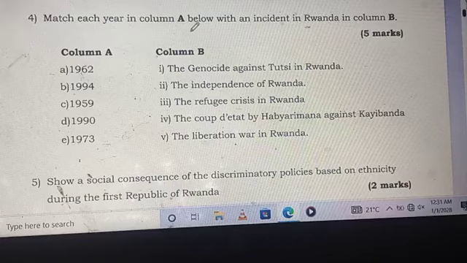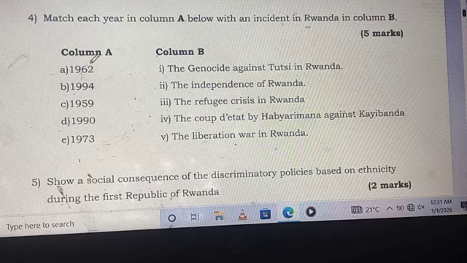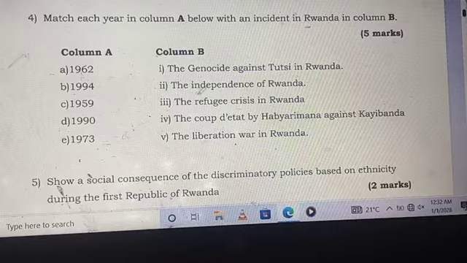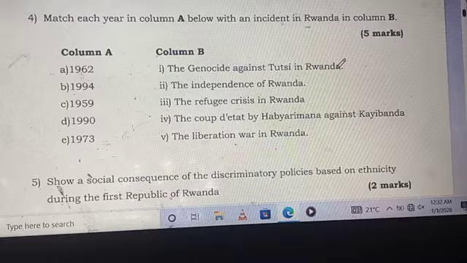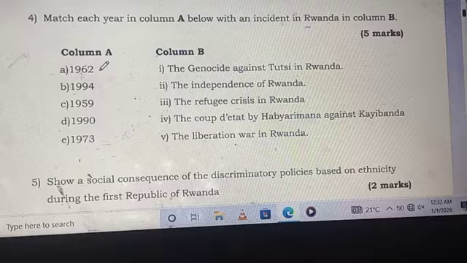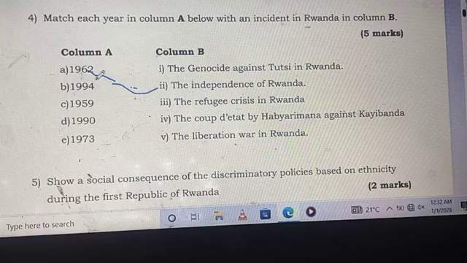Match each year in column A below with an incident in Rwanda in column B. We have column A and we have column B. We are going to match each one to the best fit. Let's start with A, 1962. It matches to II, the independence of Rwanda.